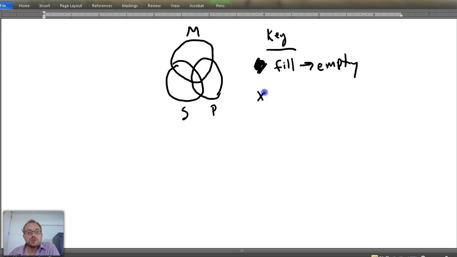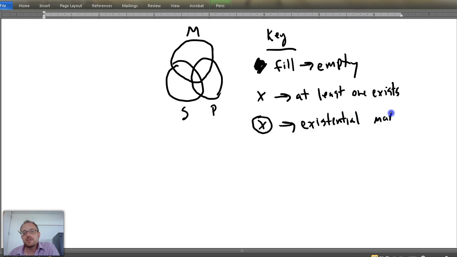The other tool is an X, and this means that at least one exists. This is the existential marker.